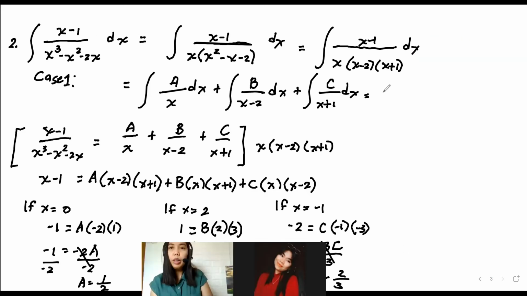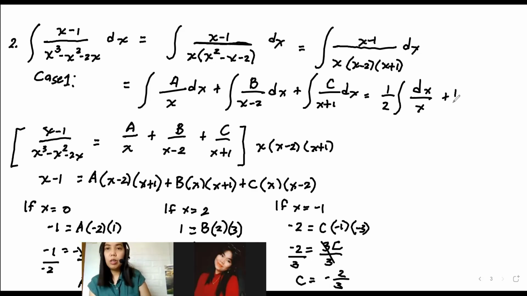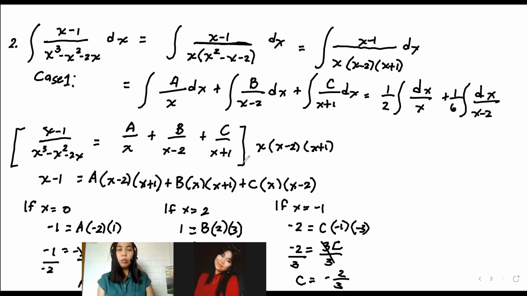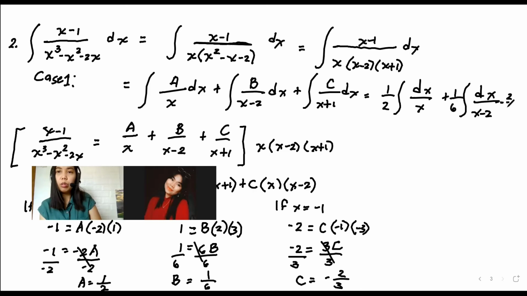So 1 half integral of dx over x, plus B, which is 1/6, integral of dx over x minus 2, and C is negative 2/3, negative 2/3 integral of dx over x plus 1.